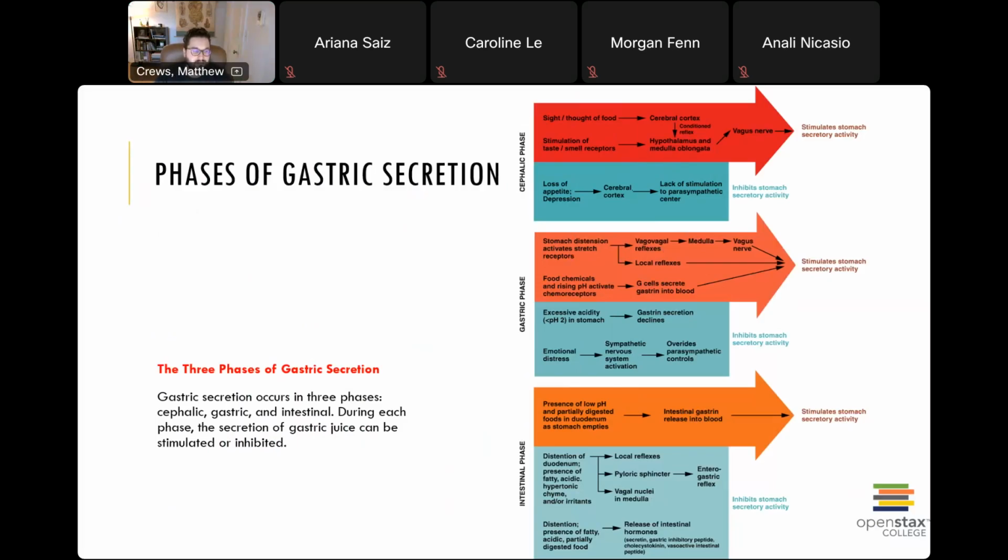Pull back. Let me pull back to the PDF. I think that was a good picture. Central nervous system. We'll just do this.